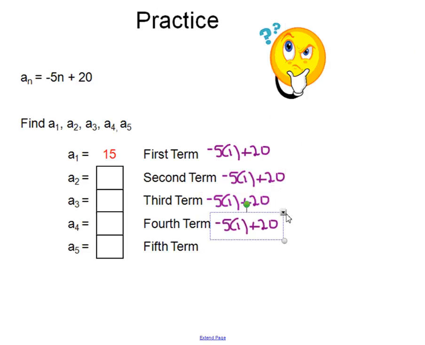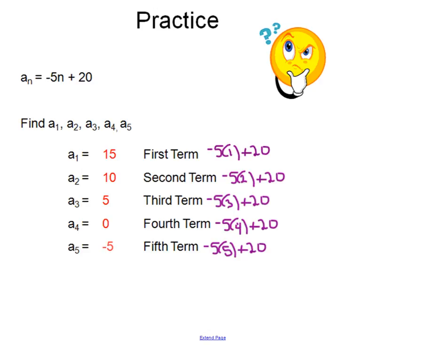And I am going to use the magic eraser. Okay, I'm going to take out the little ones in these, and I'm going to put in the term value. My second term, my third term, my fourth term, and my fifth term. And those come out to be 10, 5, 0, and negative 5.